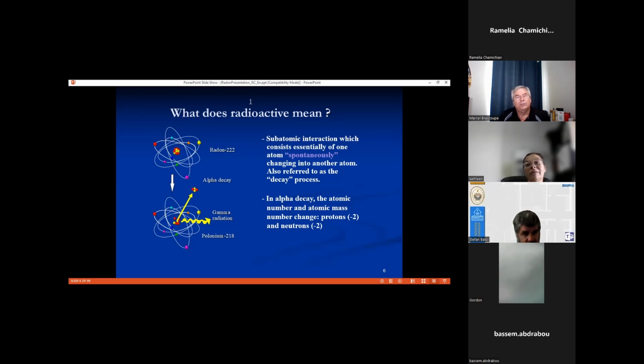In order for us to say that an atom is called radon, it has to have 86 protons. What's in the core of the atom is protons and neutrons. If it doesn't have 86 protons, then it's not radon, it's another element.